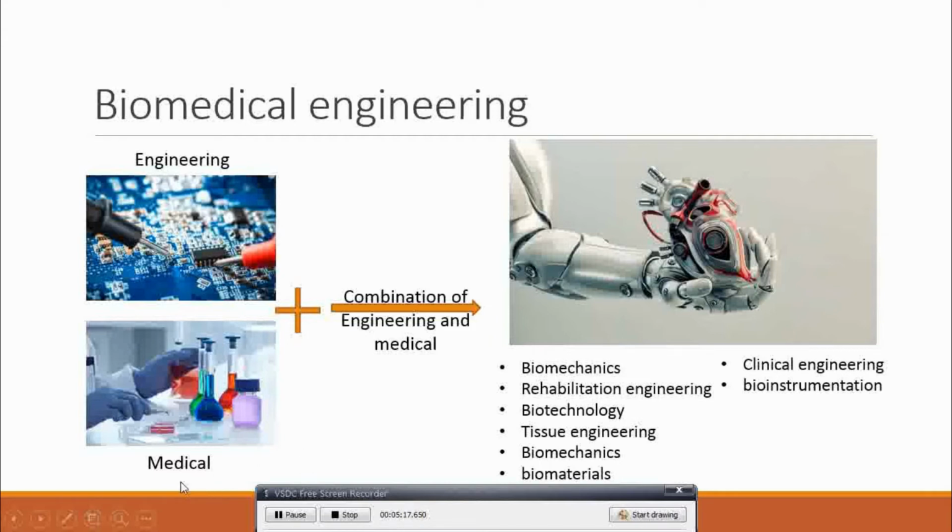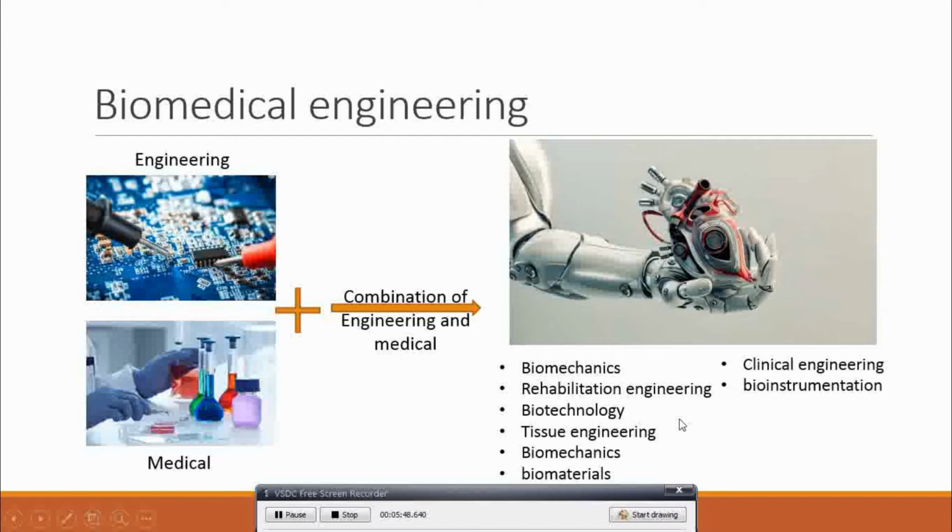Basically it has to do with medical as a field combined with engineering. And when you combine this, these are a few areas that were selected in this subject, so that we expose you to this field.